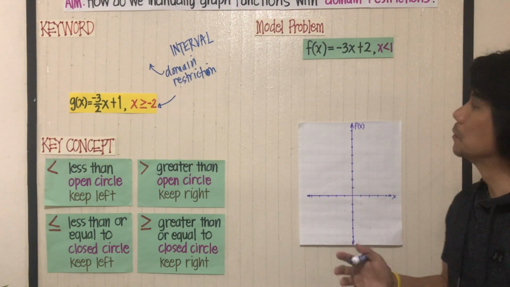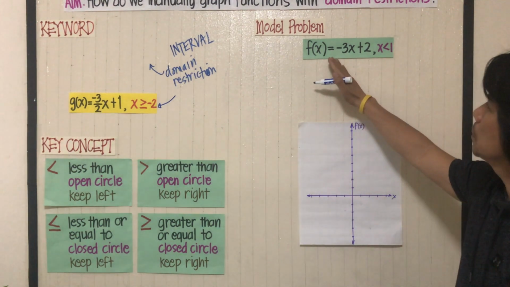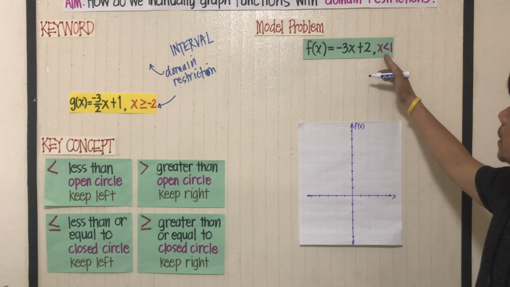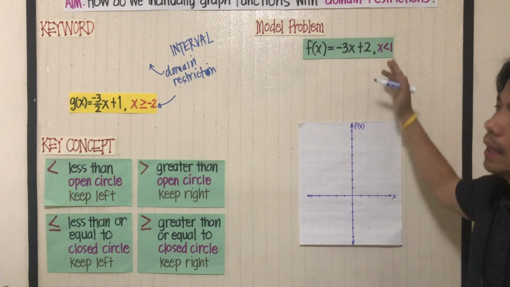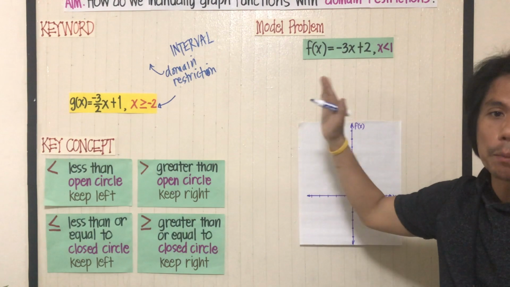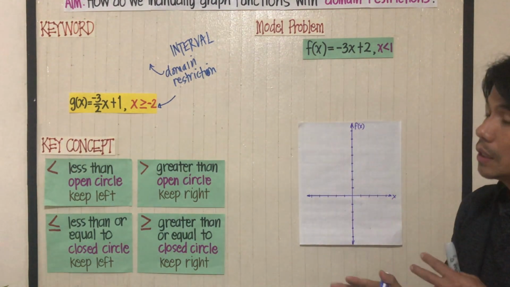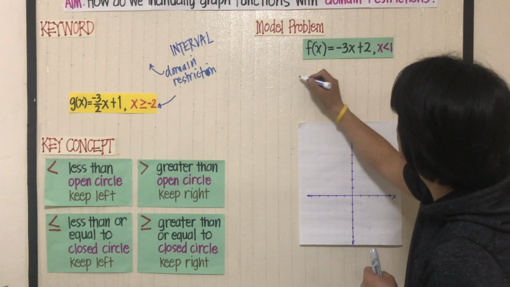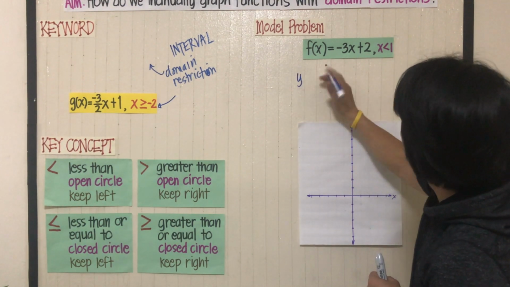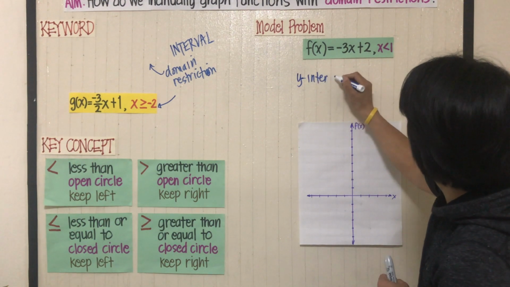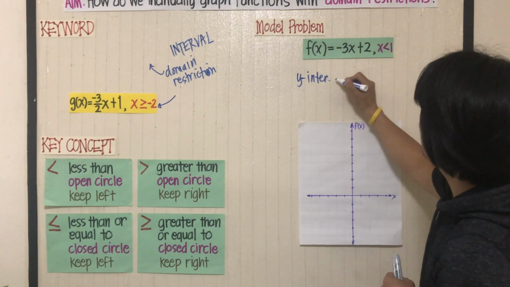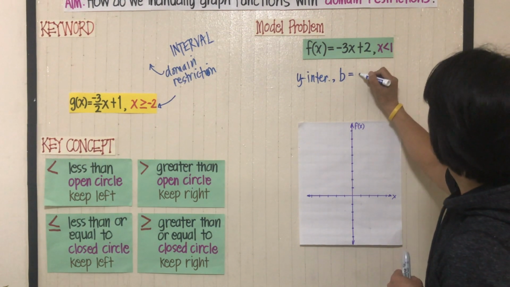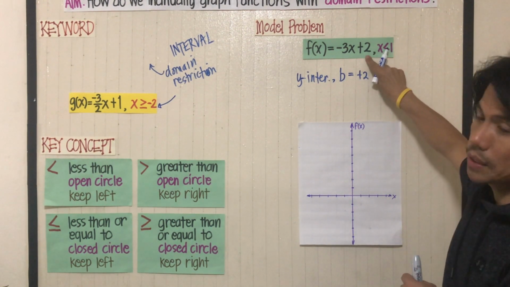Let's graph the first function. f of x is equal to negative 3x plus 2, with the domain restriction of x less than positive 1. Since the function is written in slope-intercept form, it's very easy to graph the line by first identifying the y-intercept, denoted by b, which is the positive 2, the constant here.